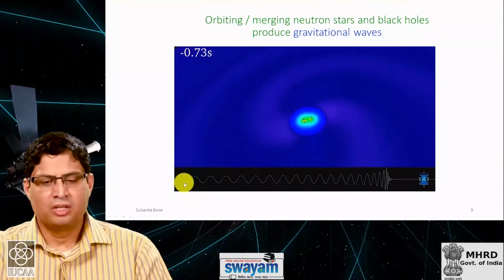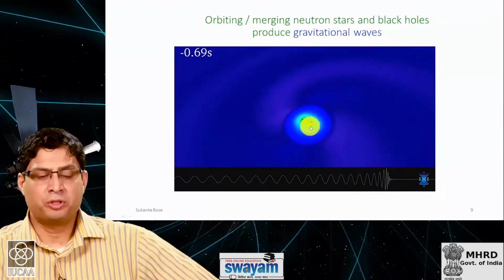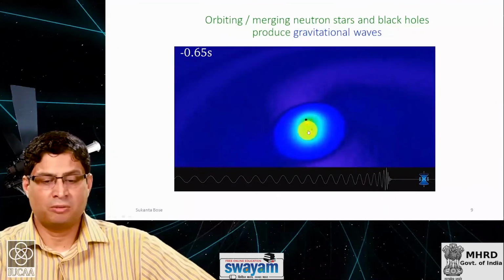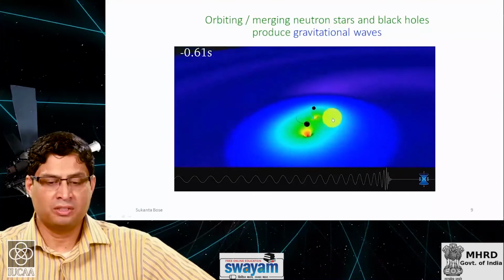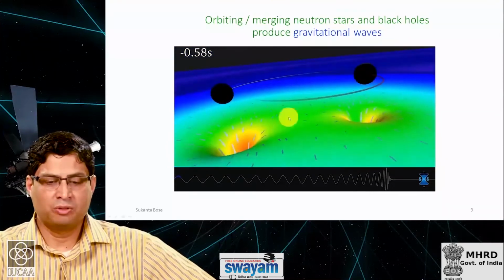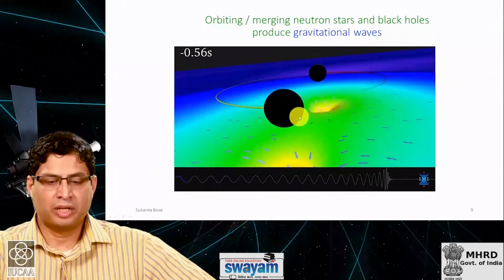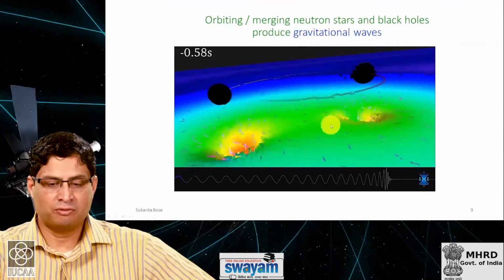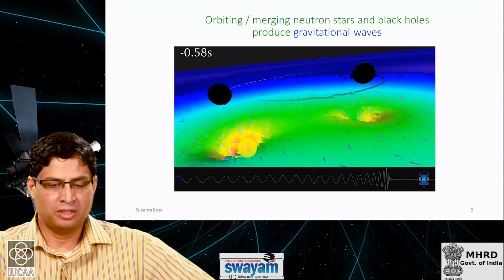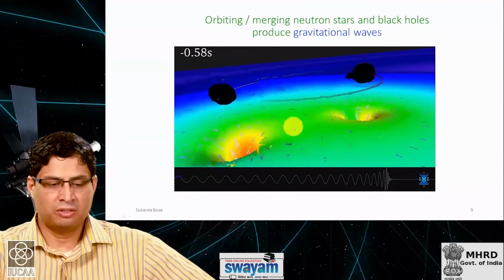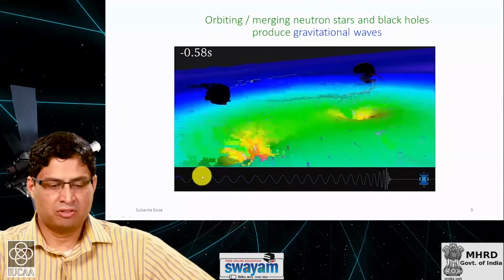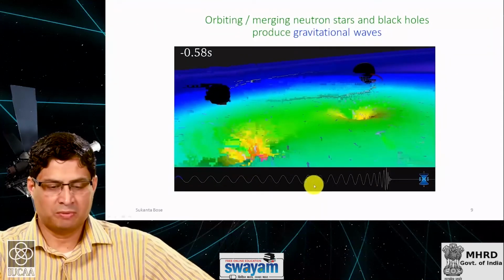Okay, there you go. So this is a simulation produced by the SXS collaboration that I had introduced in my first lecture. These two depressions indicate the locations of two black holes, and as these two black holes orbit each other, they lose energy through gravitational waves, and the strain of those waves is shown here at the bottom in this panel.